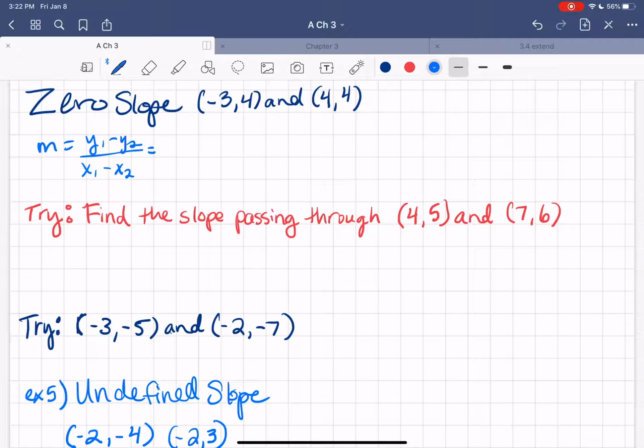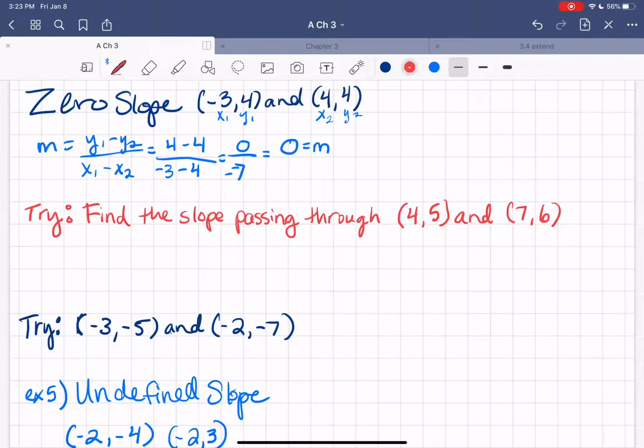I'm going to have 4 minus 4 over, I forgot this, 4 minus 4 over -3 minus 4. Well, 4 minus 4 is 0, and then I have -7 on the bottom. But this is really just a slope of 0, because that's what that would simplify down to.